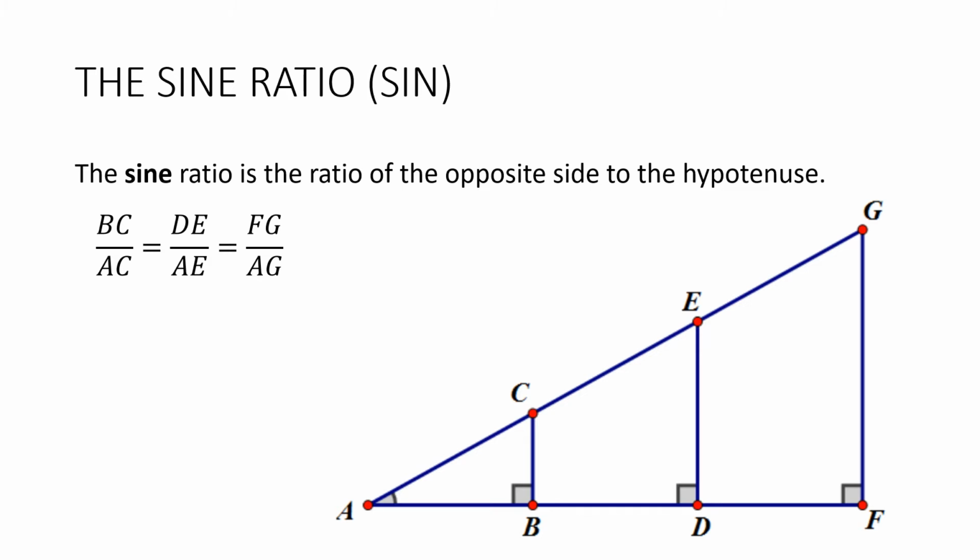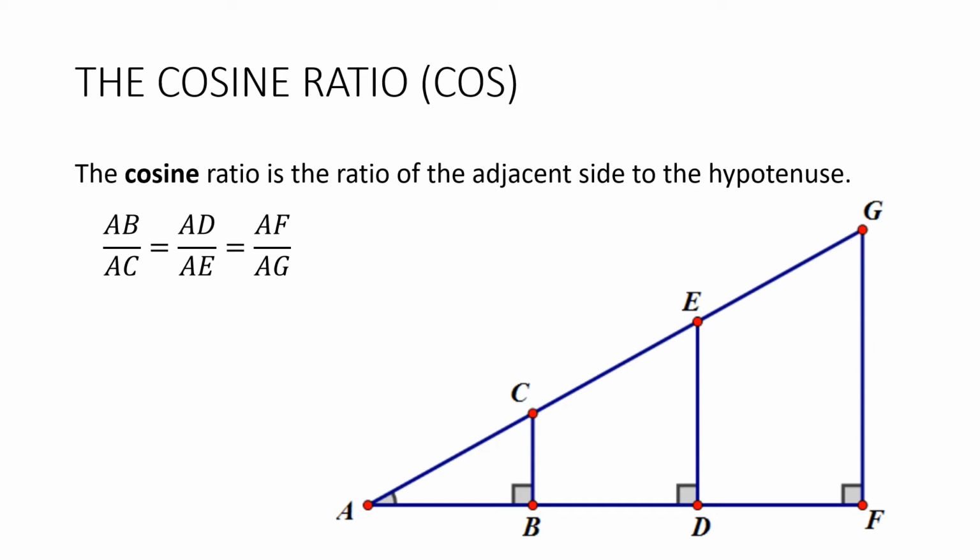Now the sine ratio, which the shorthand is sin, is very similar. It's just a different ratio. It's the ratio of the opposite side to the hypotenuse. So we can say BC over AC is the same ratio as DE over AE, and it's the same as FG over AG.